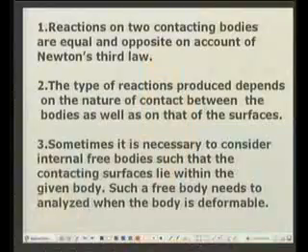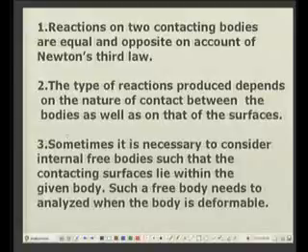So each type of contact will have its own reactions. Finally, sometimes it is necessary to consider internal free bodies such that the contacting surfaces lie within the given body. We will take up this issue later on, because this is not immediately relevant for rigid body mechanics.